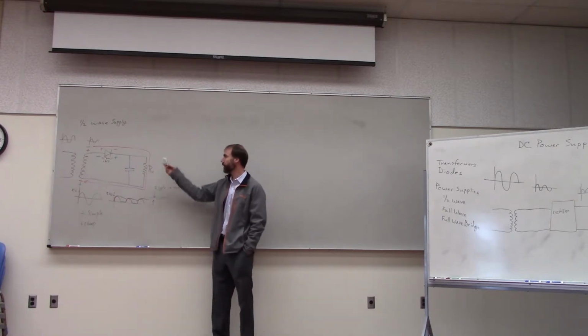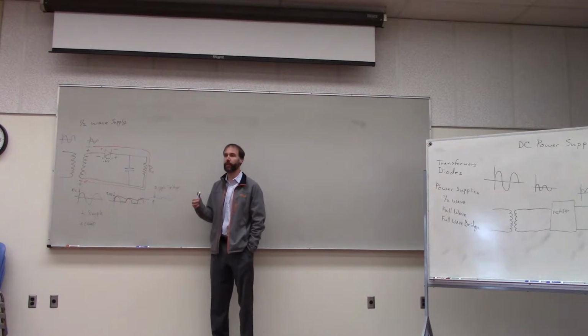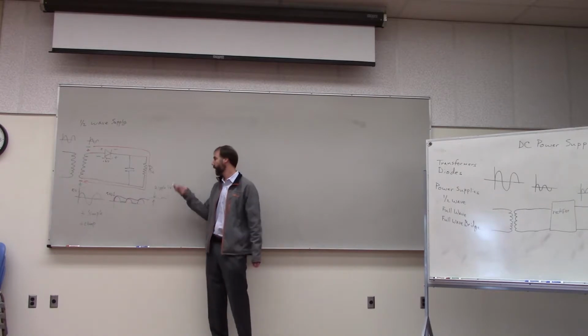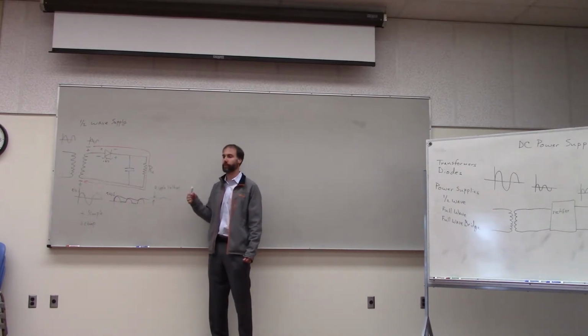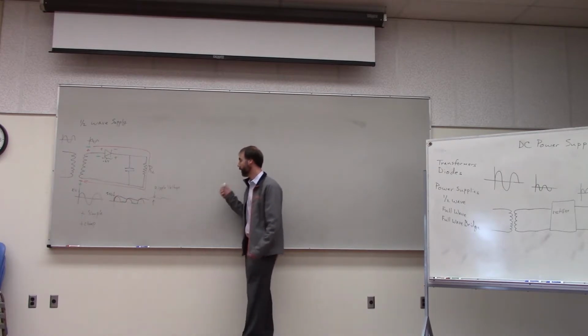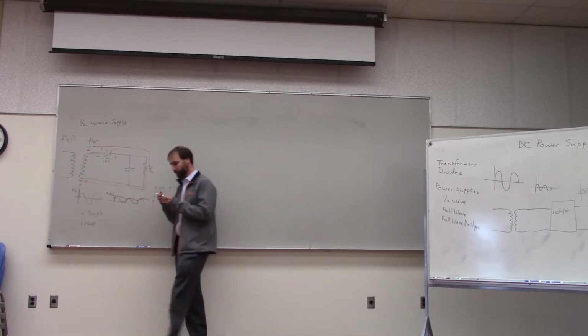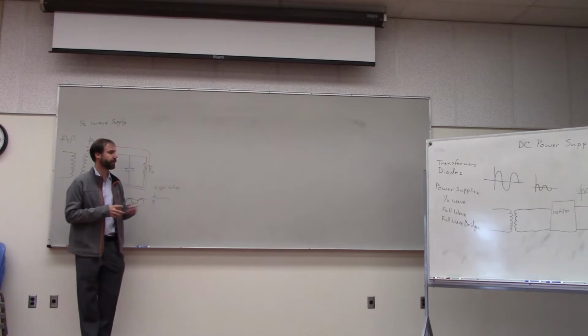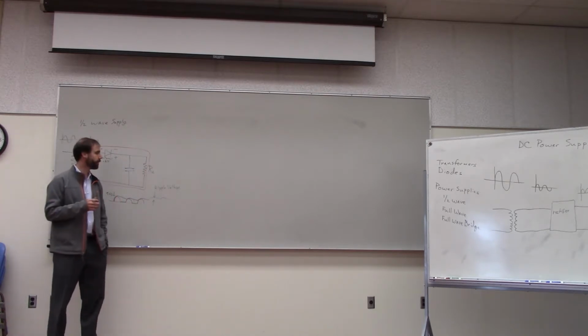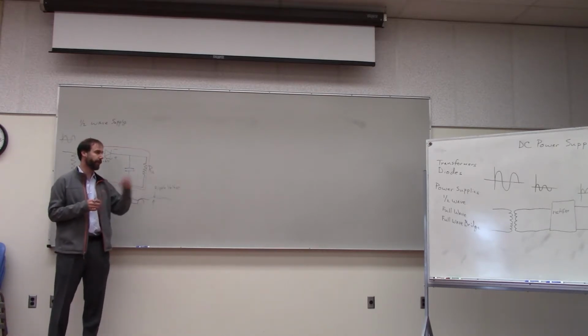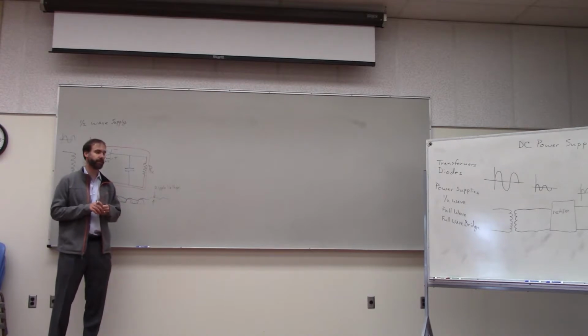So basically, these types of power supplies are used in cheap electronics, something like a desk clock you might pick up at Walmart. Something that's inexpensive and not really high precision. We'll talk about another two examples of power supplies here in a minute, and we'll see that they have slightly better characteristics, so they can be used in higher precision equipment.